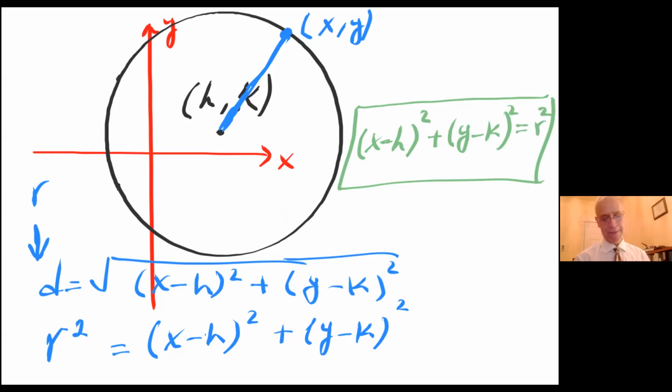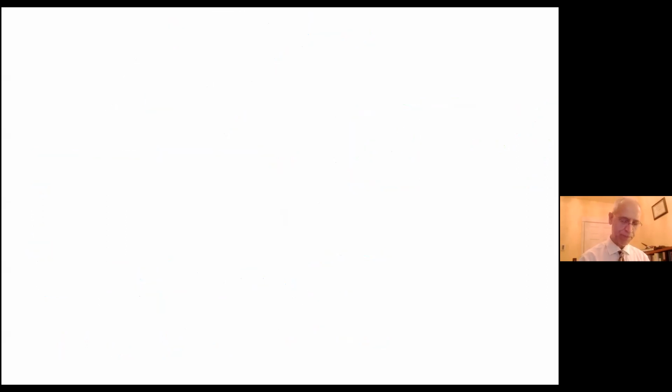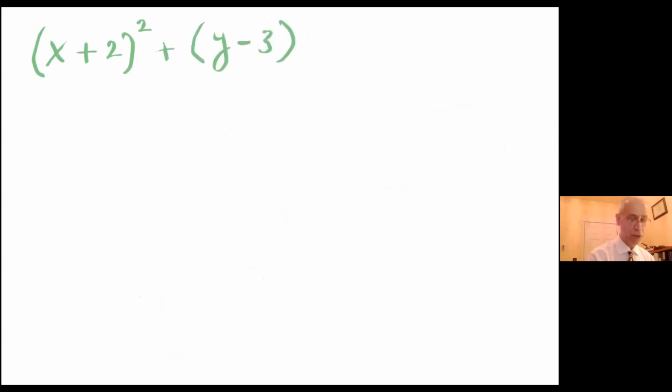Let me do one example. Suppose I have (x plus 2) to the second plus (y minus 3) to the second equals 9.